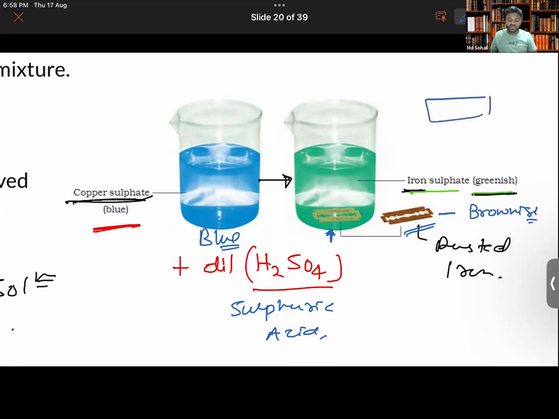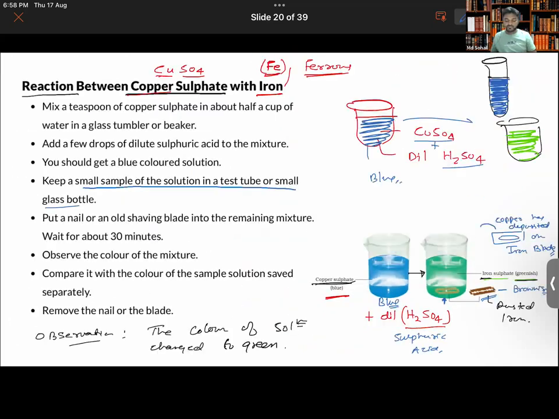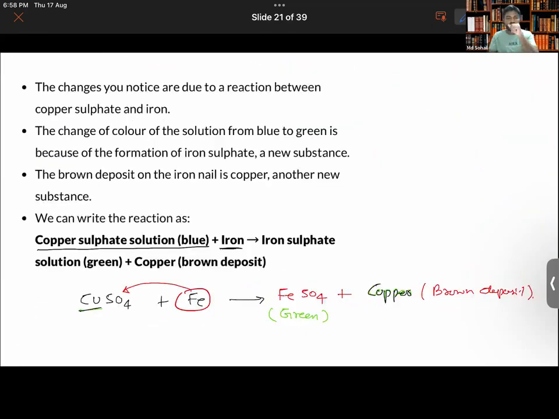Because there is a deposition of copper over it. Copper has deposited on the iron blade over here. That's what has happened. Understood. The brownish deposit on the iron here was basically copper. That was another new substance formed here.